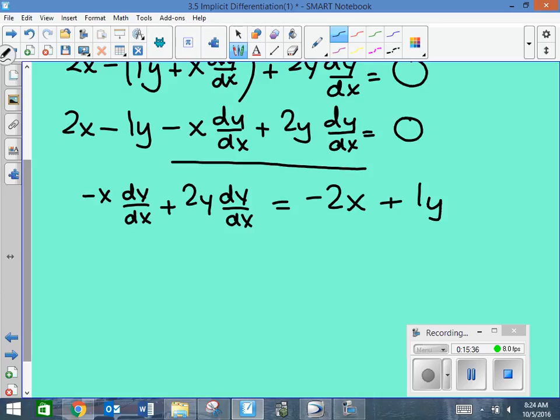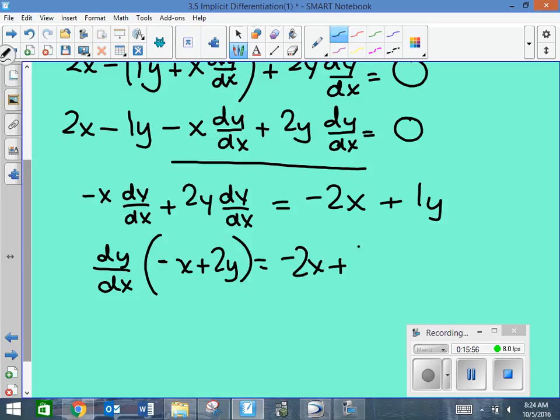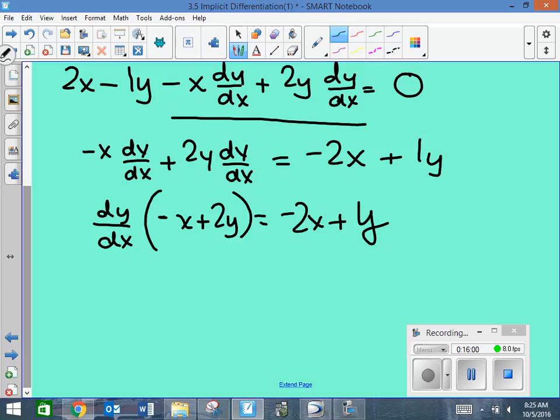Okay, so far so good? All right, now I'm going to have to factor out the dy/dx. We did that a lot in pre-cal when we were doing the log equations where there's something weird in common, but that's your greatest common factor, so that's negative x plus 2y. I saw that, negative 2x plus y over here. And then we're going to divide by negative x plus 2y.